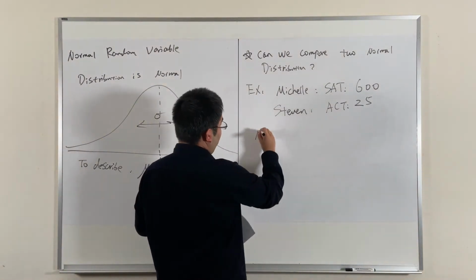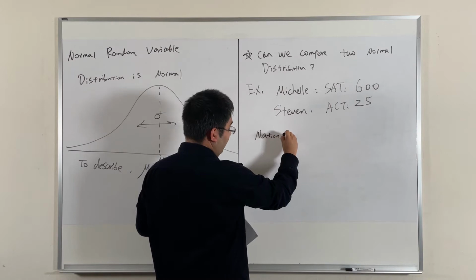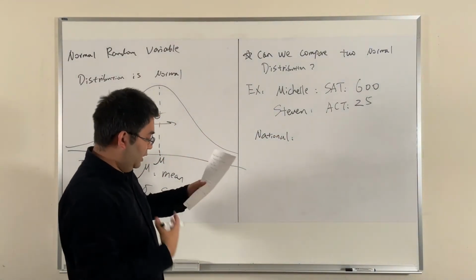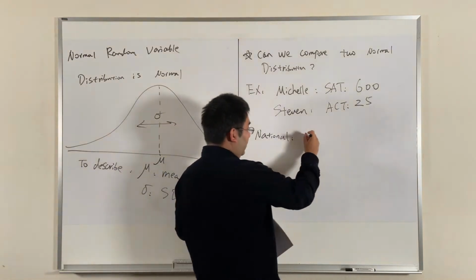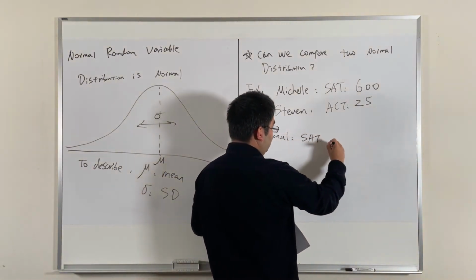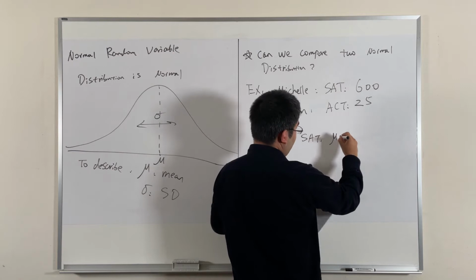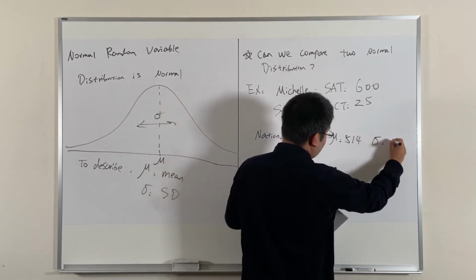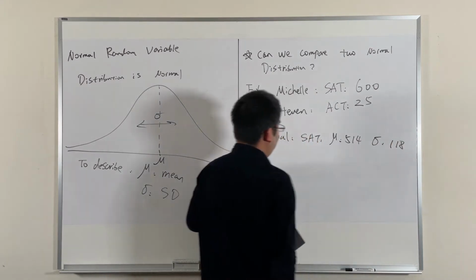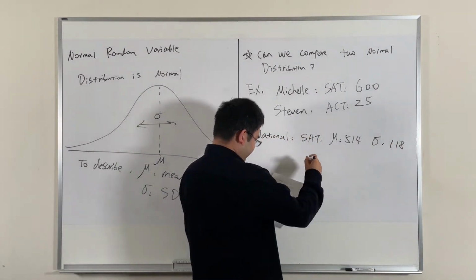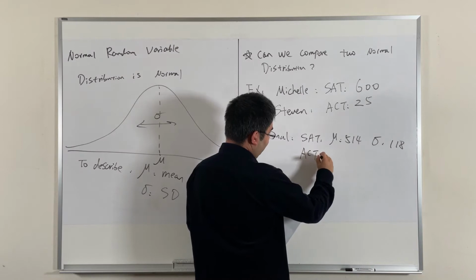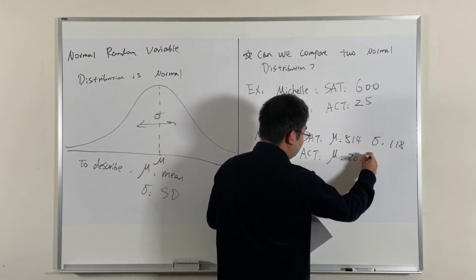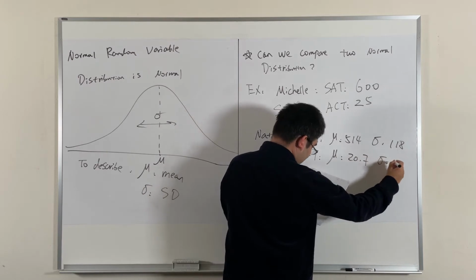So for the national average, right? So if we see the national as a population, so the SAT national mean is 514 and the standard deviation is 118. And then for the ACT, the mean is 20.7 and the standard deviation is 5.